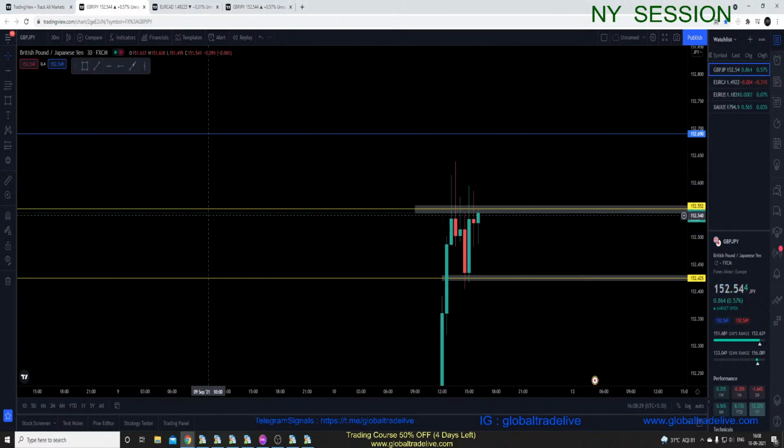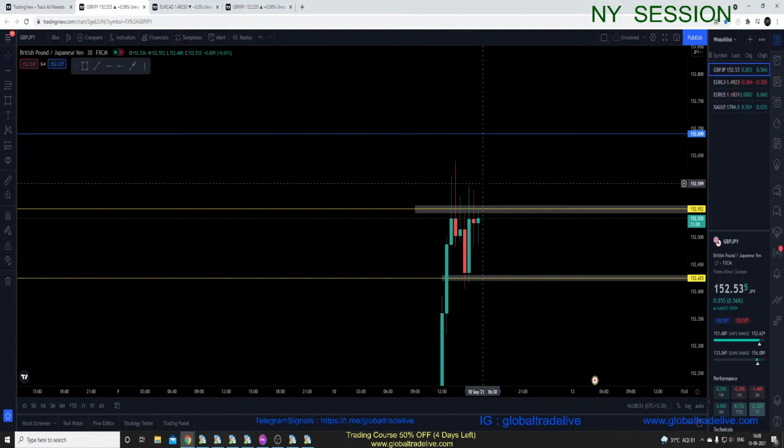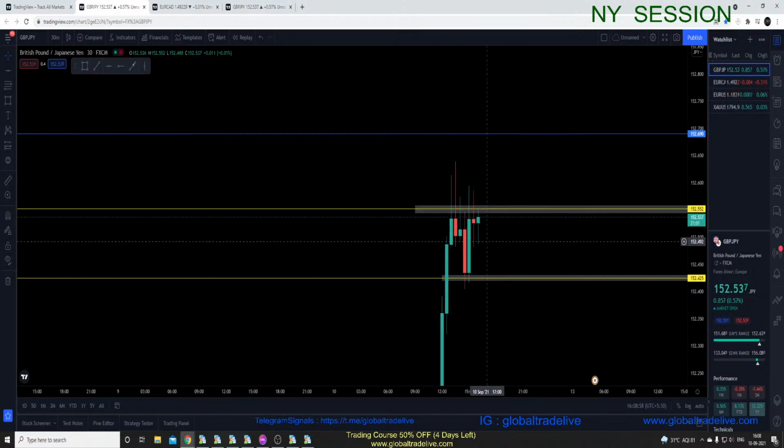So the thing is, what could be the point where I can take an impulse trade? And the problem is that if this current 30-minute candle breaks this high over here, then at that point I'm not sure whether I can take this trade or not, because all these previous candles tried to maintain their price above 152.550, but they all failed to do that.